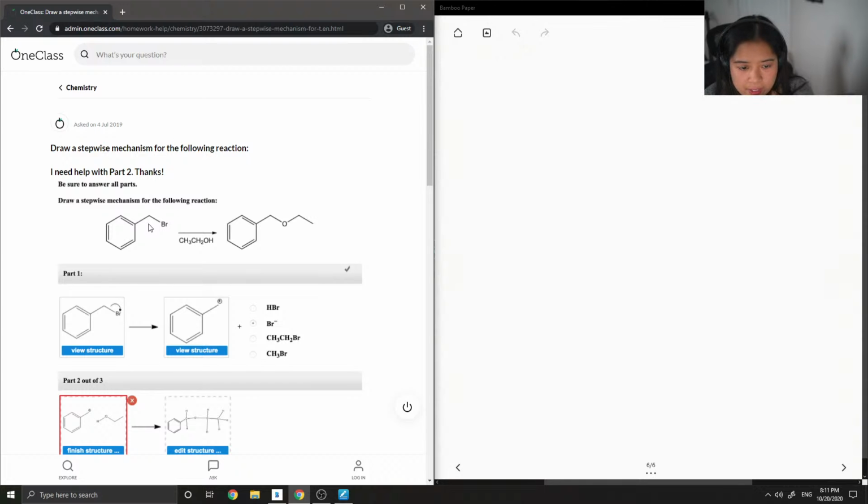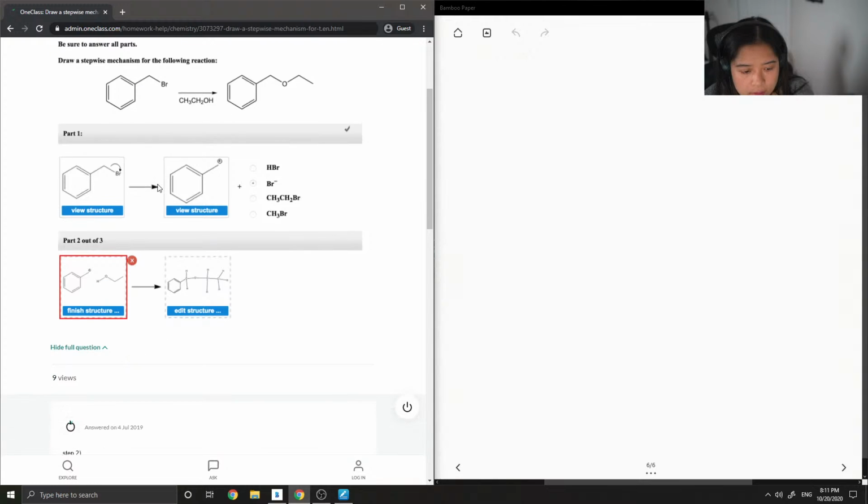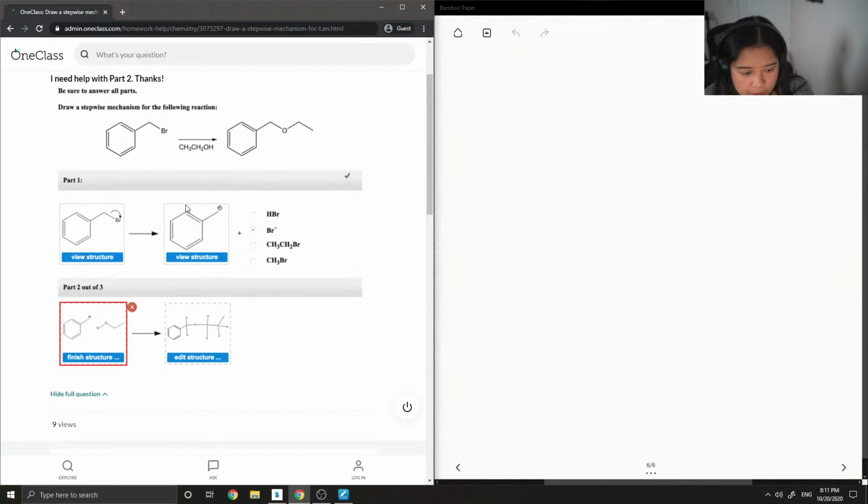Draw a stepwise mechanism for the following reaction. So this person needs help with part 2. Looks like they already wrote out that part. Just so that we're all on the same page, I'll just start from the beginning.